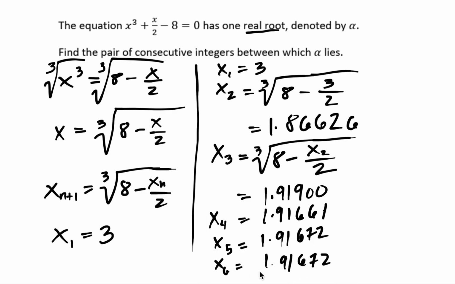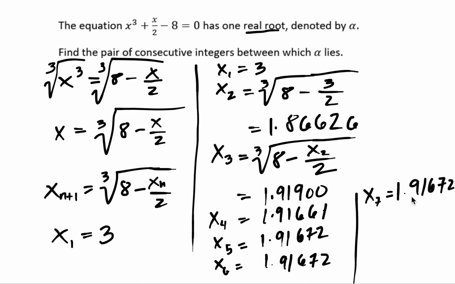I can continue this forever. Let me just try x sub 7, which gives 1.91672. As you can see, it's pretty consistent. If you continue with x7, 8, 9, and so on, you will get a consistent answer.